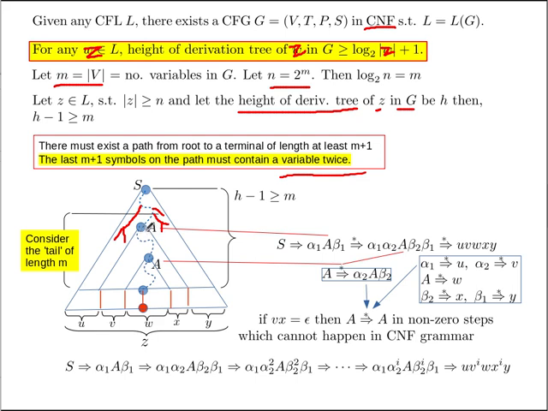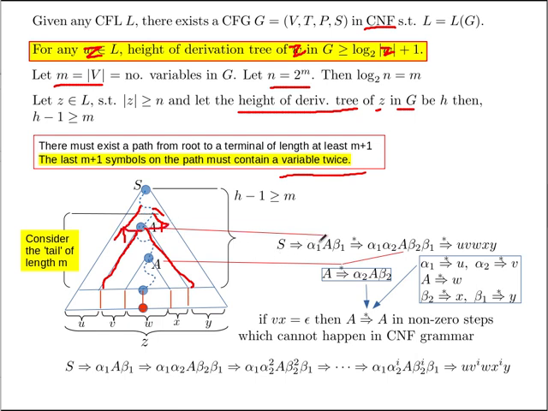And then starting from here, this A is expanded, right? So this A expands into these terminals, whatever they are. Now I'm talking about this tree.